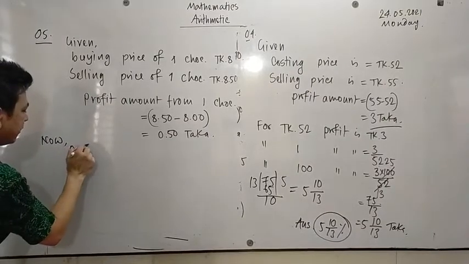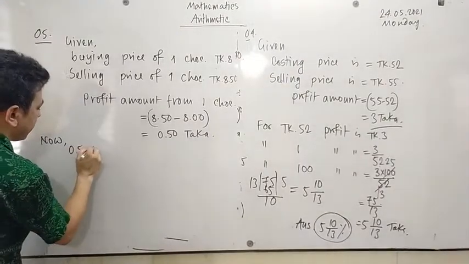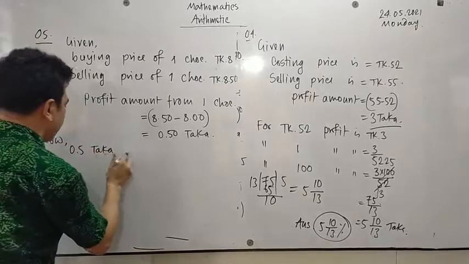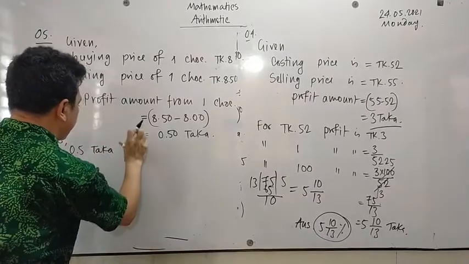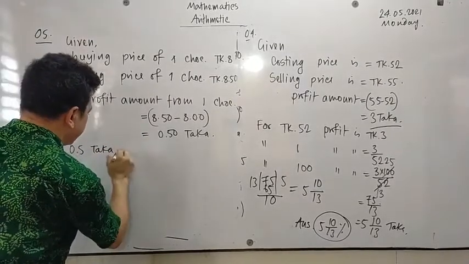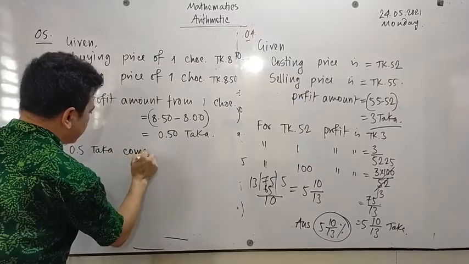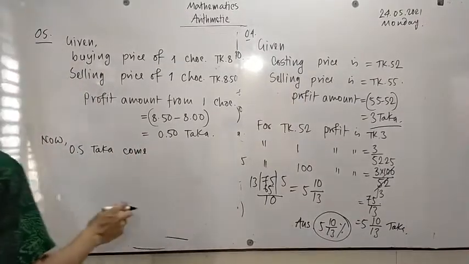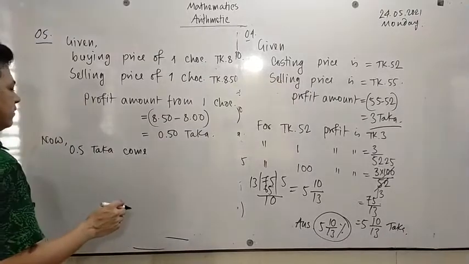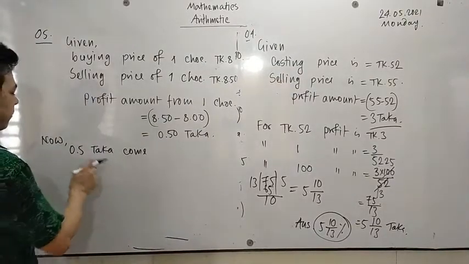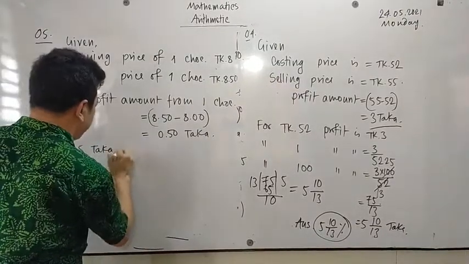Now we can write: 0.5 taka comes as profit from one chocolate.